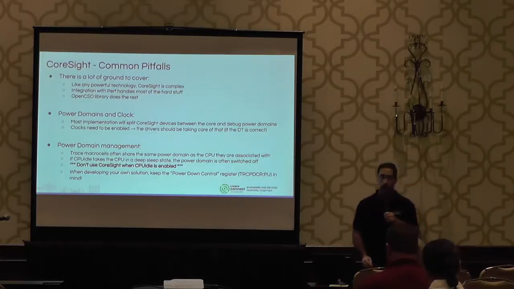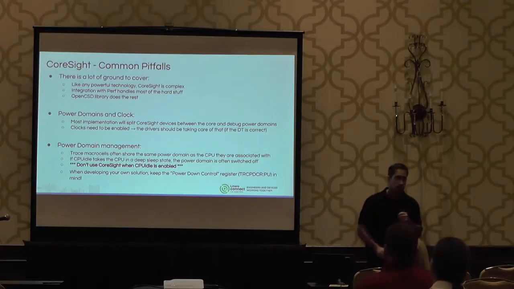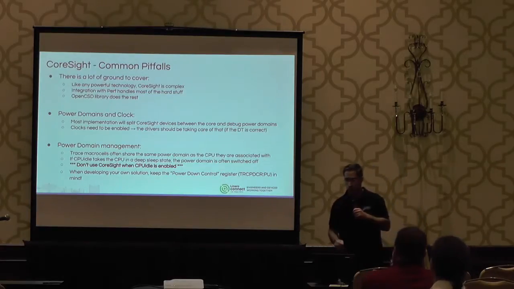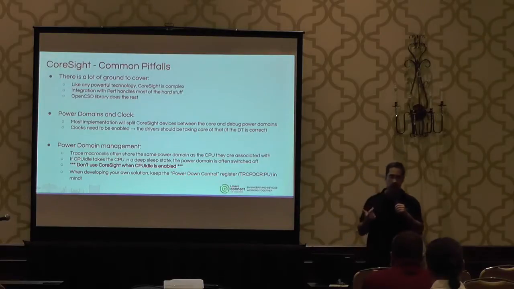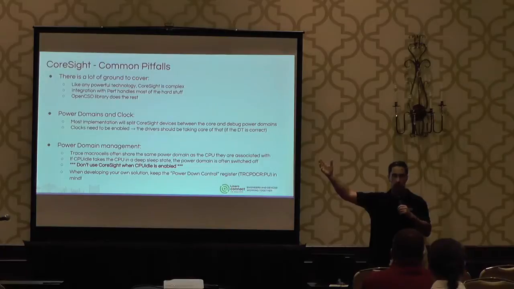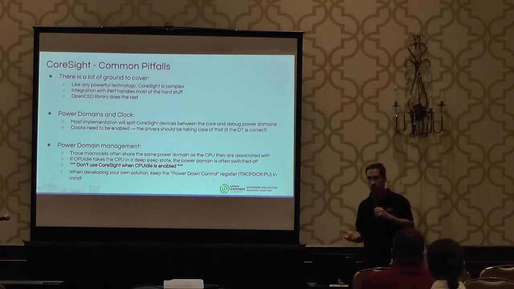As usual, the devil is always in the details, and CoreSight is no exception. You will have to keep in mind clocks and power management. CoreSight devices are always found on the AMBA bus, so the AMBA clock has to be listed in the device tree and manageable using the Common Clock API.